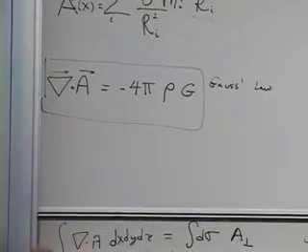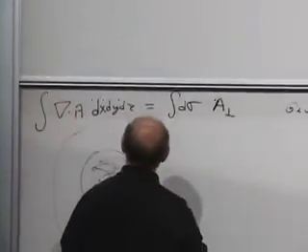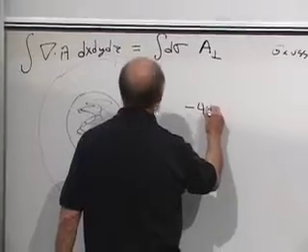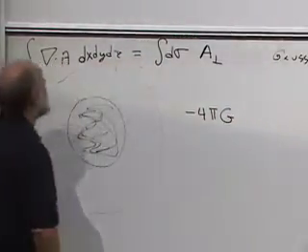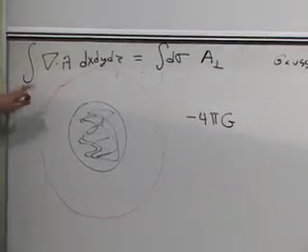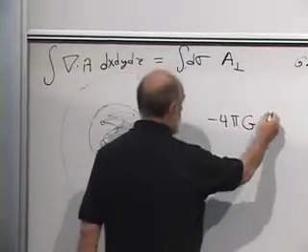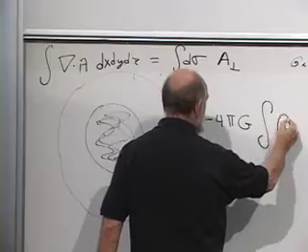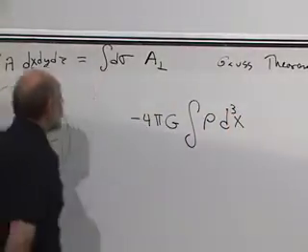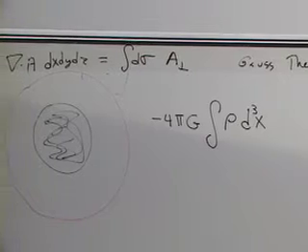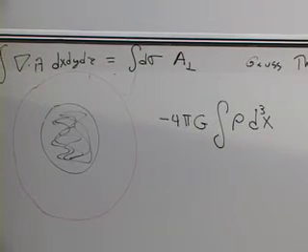So let's work that out. We're going to get minus 4 pi, we're going to get g, and then we're going to get the integral of the mass density over the interior of the sphere. The minus 4 pi g can come on the outside of the integral since it's only a constant.